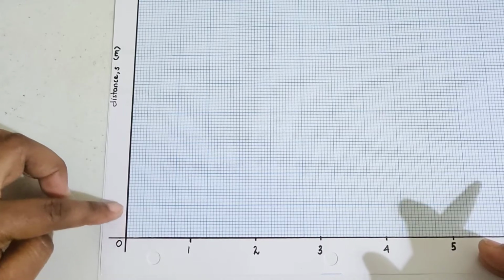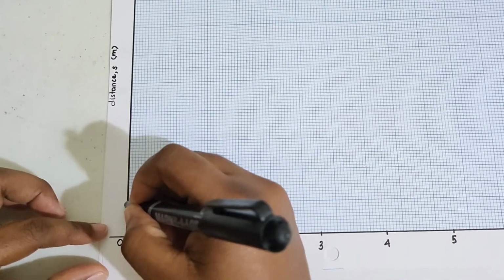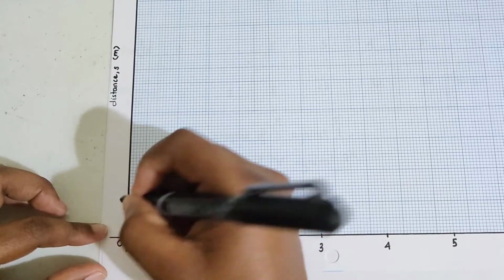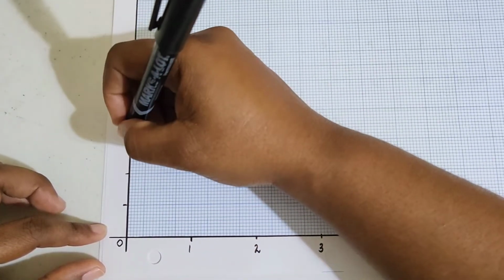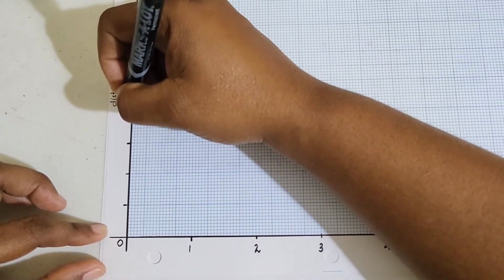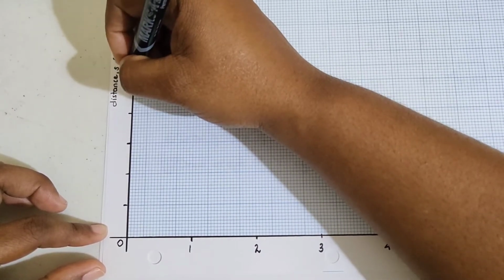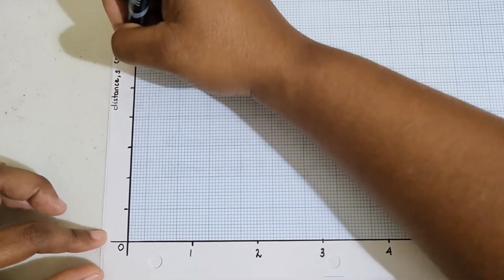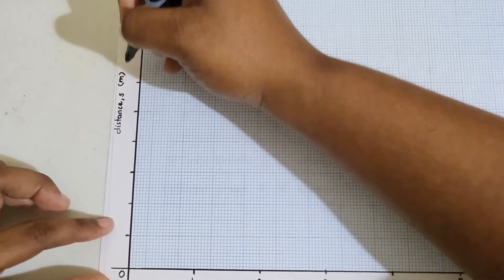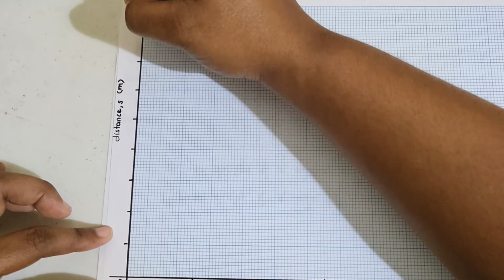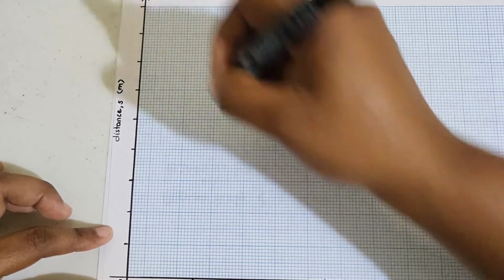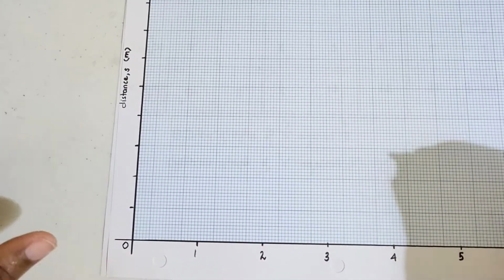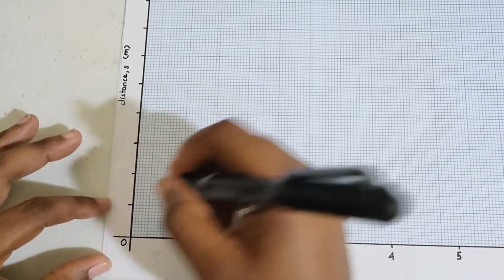This is 5 spaces, this is 10. So it's 10, 20, 30, 40, 50, and we just keep going. 60, 70, 80, 90. And we put in our multiples now.